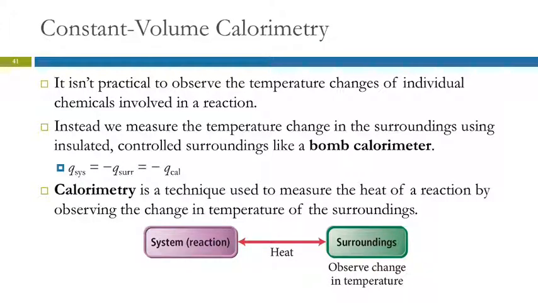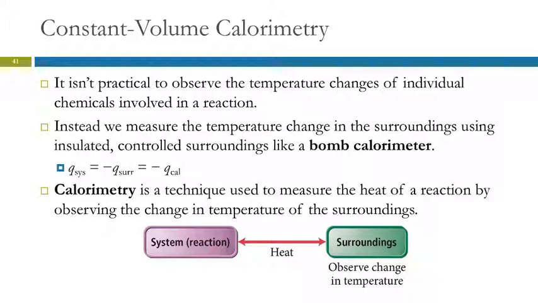So we measure the temperature change in the liquid surrounding the bomb. We can measure that pretty easily. It's hard to measure the temperature of the stuff going on inside that bomb. So Q for the system is going to be opposite in sign to Q for the surroundings. So whatever energy is released by that chemical combustion reaction inside the bomb, that energy has to be transferred to the surroundings.